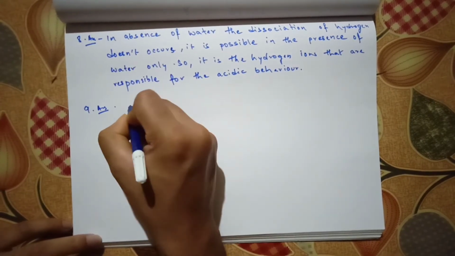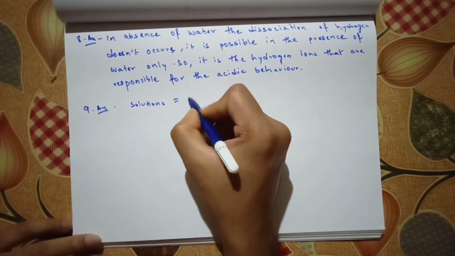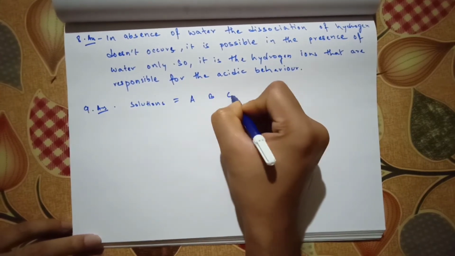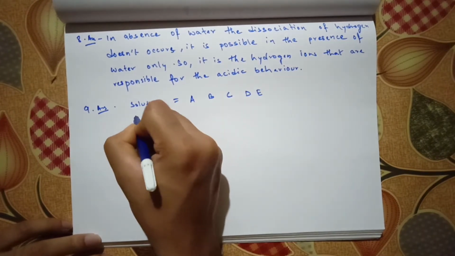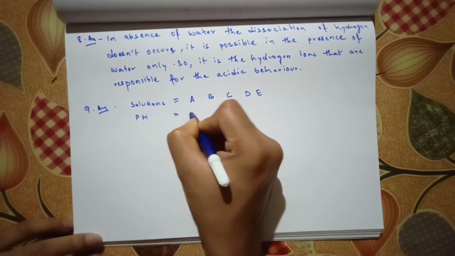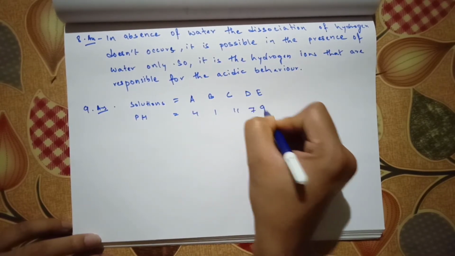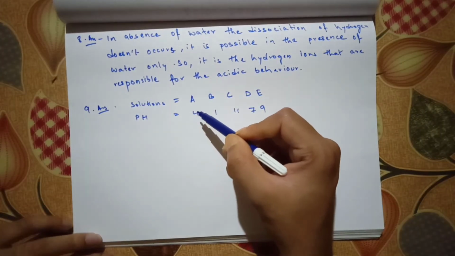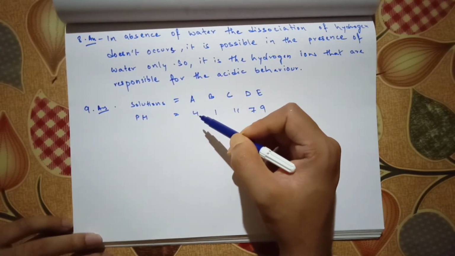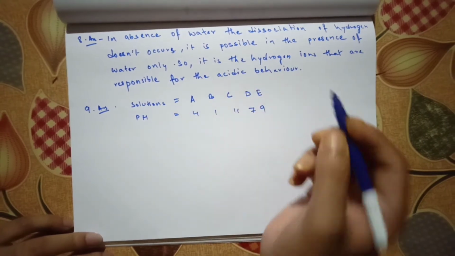So here the solutions are given as A, B, C, D, E, and the pH numbers are given as 4, 1, 11, 7 and 9. We have to find out which pH goes for which solution in the given points.